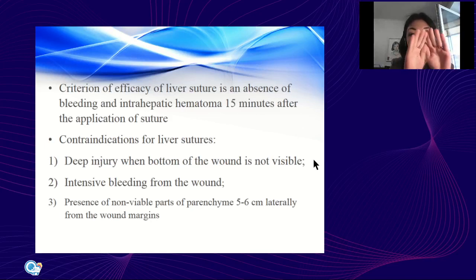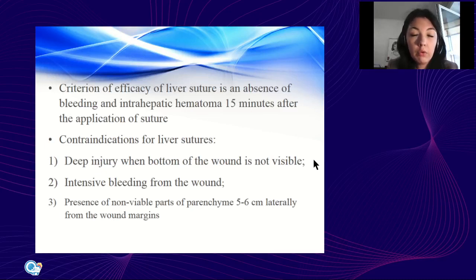If we leave a cavity in the bottom of the wound, then certainly hematoma will be formed, and hematoma will be enlarged all the time, and it will finally cut the threads, and imbibition of tissues will take place, and it will have very serious consequences. Yes, so if you do not see the bottom of the wound, you shouldn't apply liver suture.